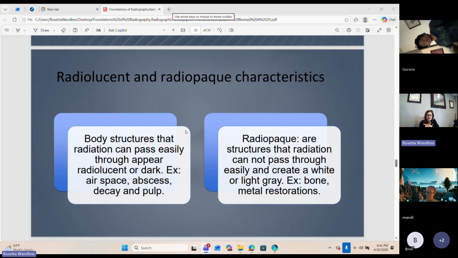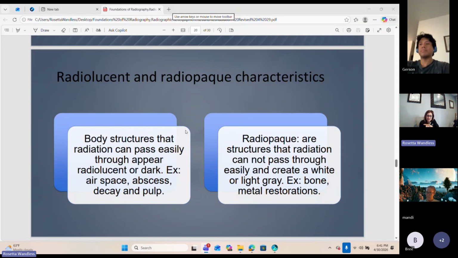Root canal teeth, what we call endodontically treated teeth, where they have this filler inside, that's going to show up white as well. Metal restorations are like crowns, amalgam fillings, things like that. Even composite tooth colored restorations are going to show up like a whitish light gray.